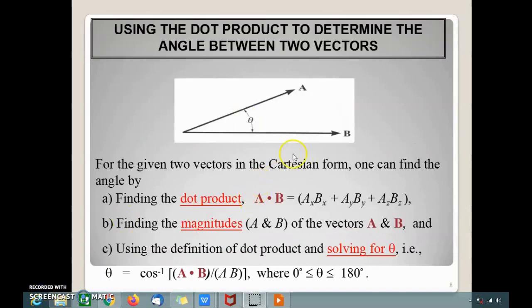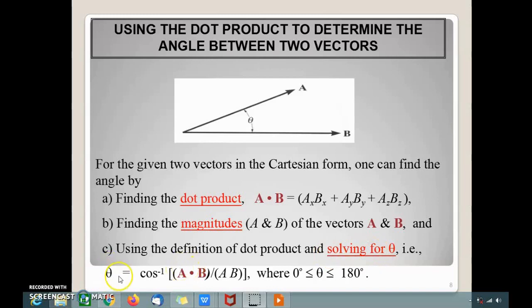Here are some equations that you need to remember. Theta is equal to cosine inverse of A dot B over AB. It starts with finding the dot product A dot B using the equation AX BX plus AY BY plus AZ BZ, then finding the magnitudes of vectors A and B, and using the definition of the dot product to solve for theta.